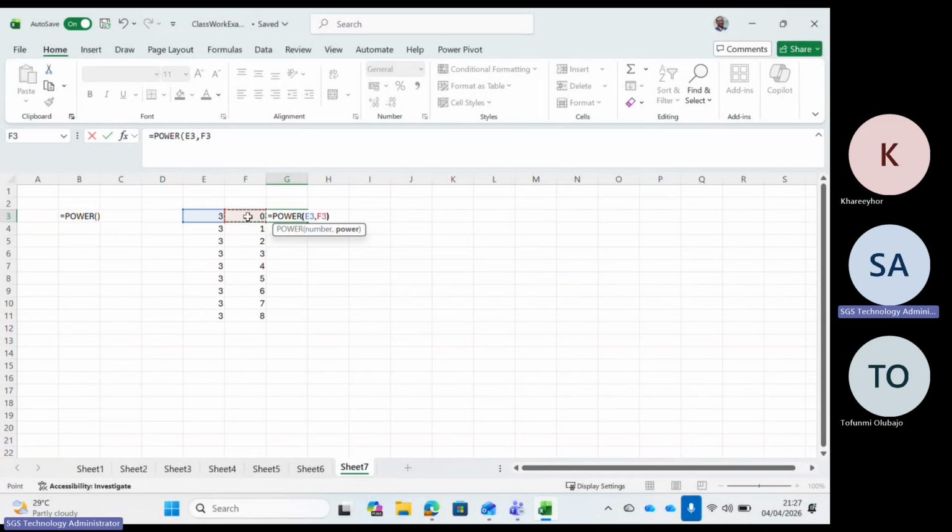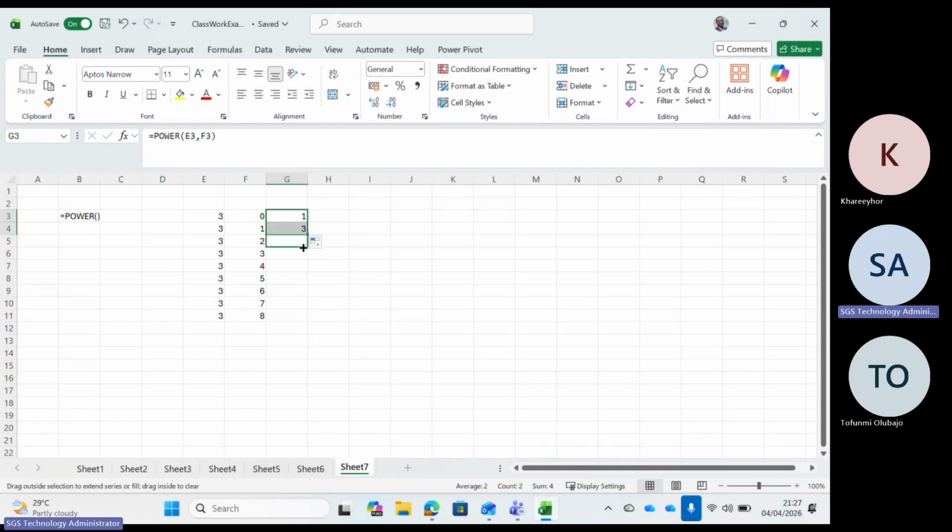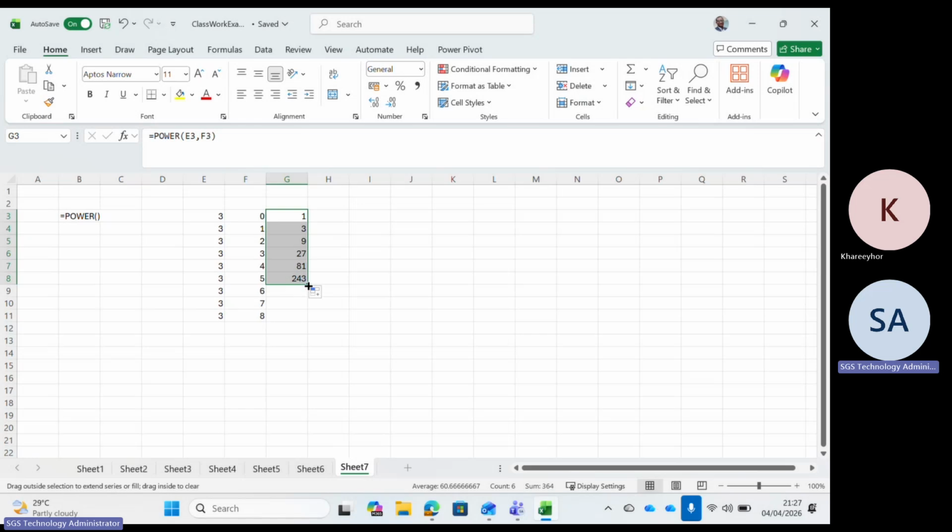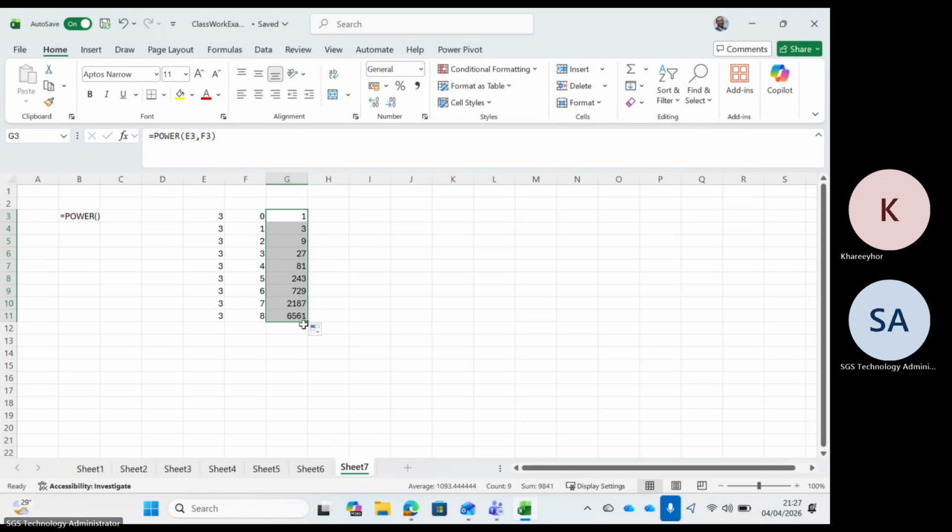Anything raised to power 0 will be equal to 1. So 3 raised to power 1 is 3, power 2 is 9, power 3 is 27, power 4 is 81, power 5 is 243, power 6 is 729, power 7 is 2187. So that is as simple as that.